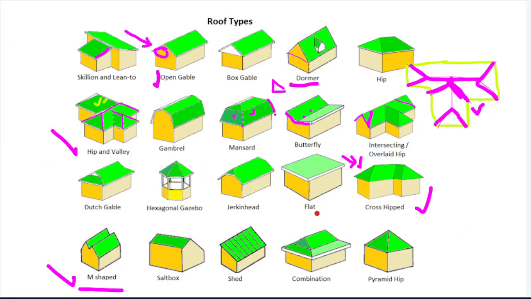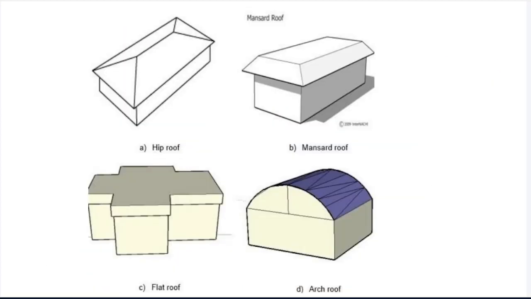So please keep in mind these different typologies, and then looking at the project, we also have arch roof or cylinder type of roof, and we also have the mansard roof that we mentioned, those 45 degrees, the highest degree which is possible, and we have also the flat roof.